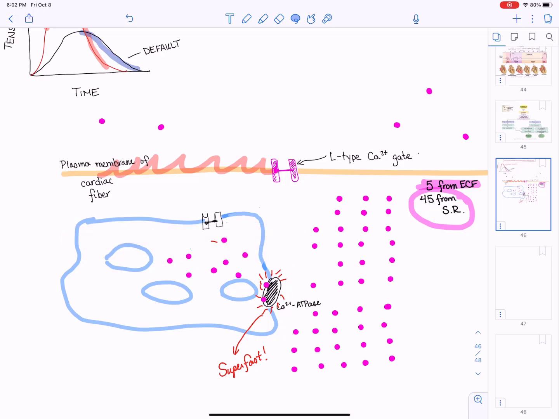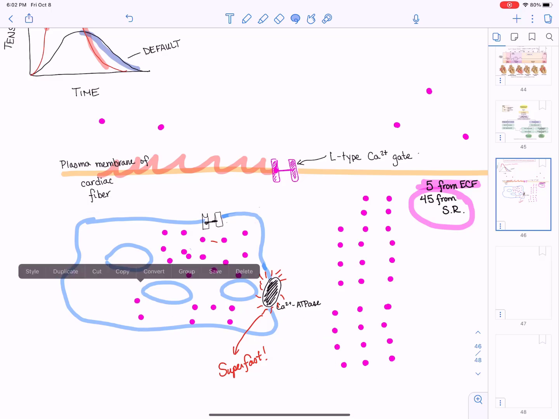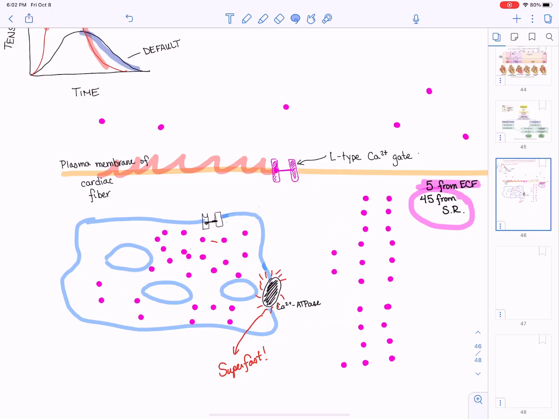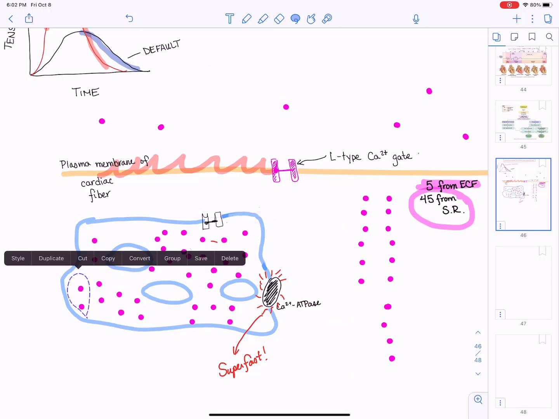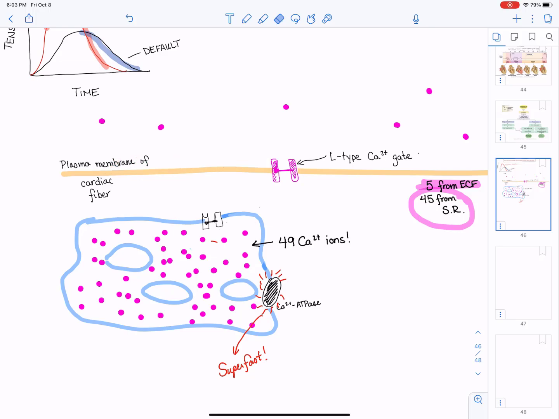When calcium ATPase works super fast, it pumps more than its fair share of calcium back into the sarcoplasmic reticulum, leaving less calcium to be pushed back into the extracellular fluid. In essence, this creates a greater stockpile of calcium in the sarcoplasmic reticulum. In our example, we now have 49 calcium ions in the sarcoplasmic reticulum when we started with 45.